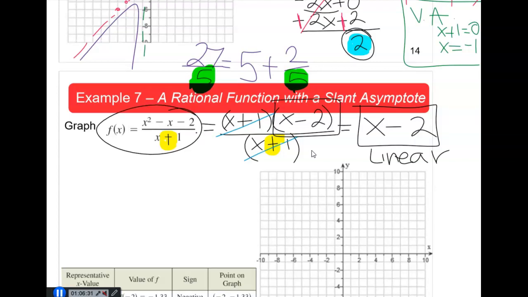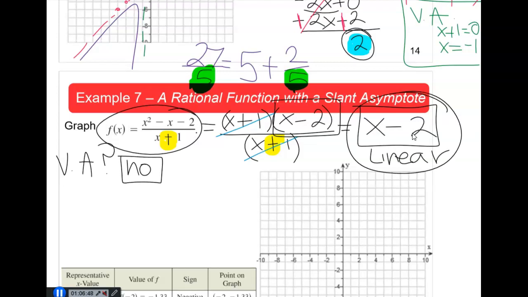And so what happens here is we could factor it pretty easily, but we need to figure out some things. Are we going to have a vertical asymptote? No. Why? Because we were able to reduce it this way. Are we going to have a horizontal asymptote?